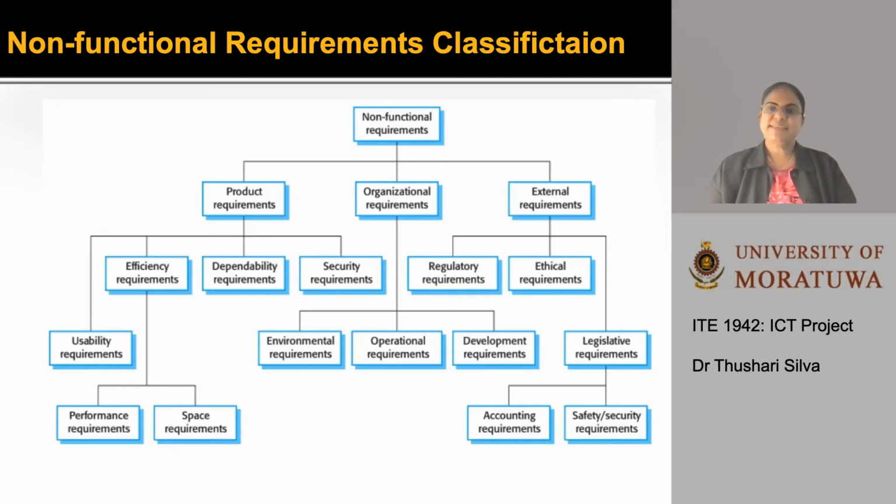So you should maintain such ethical requirements and legislative requirements, accounting and safety, security. All these aspects need not be included for all software systems. You may decide on some of them, because only some will be related to particular software requirements.